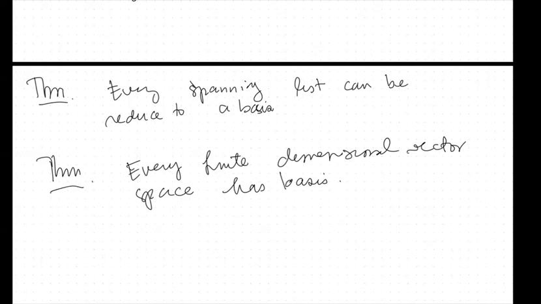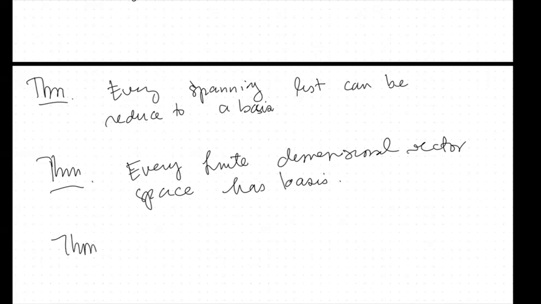How about if we have a linearly independent set? We know that a basis is linearly independent. But how about if we get a linearly independent set which is not a basis?